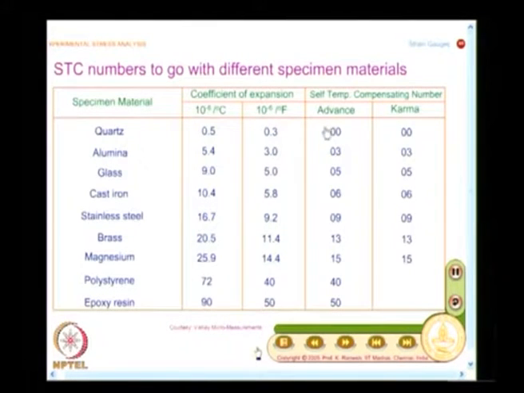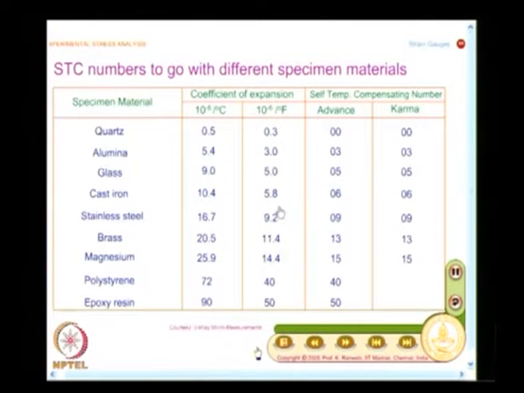And if you look at this, it matches with the coefficient of expansion in terms of per degree Fahrenheit. For alumina it is 3 into 10 power minus 6 per degree Fahrenheit, you have the number associated as 0.3, and when it is 5, you have this as 0.5.